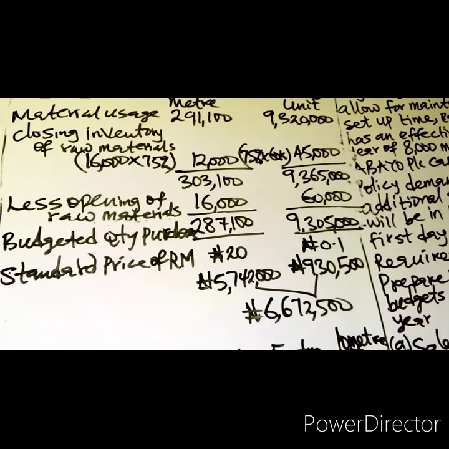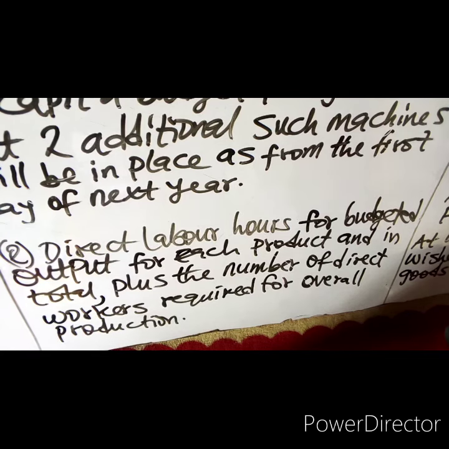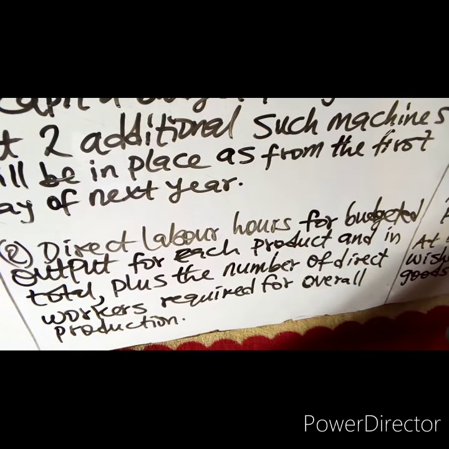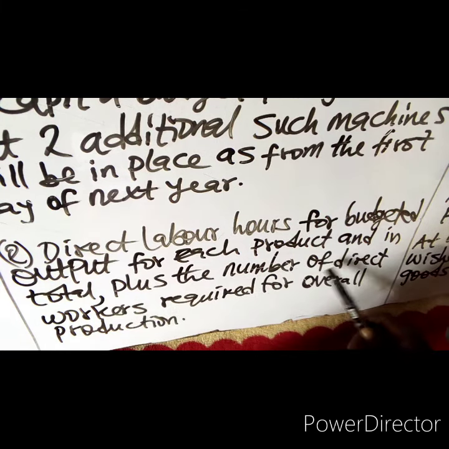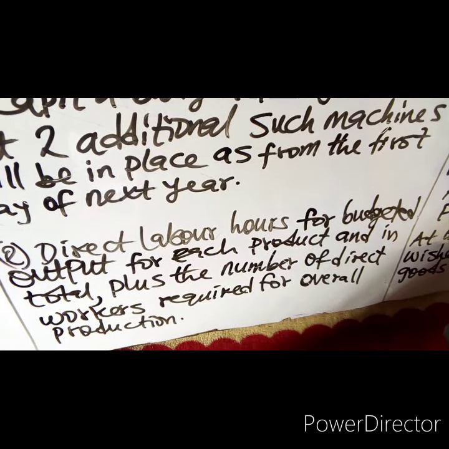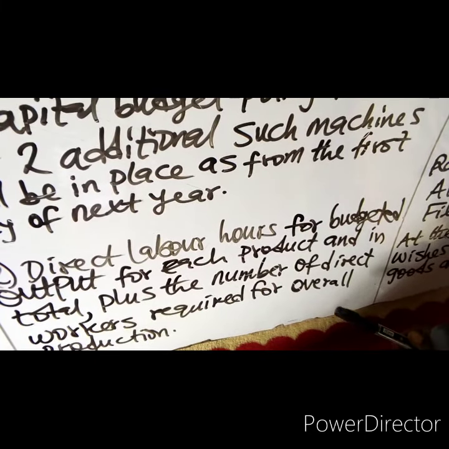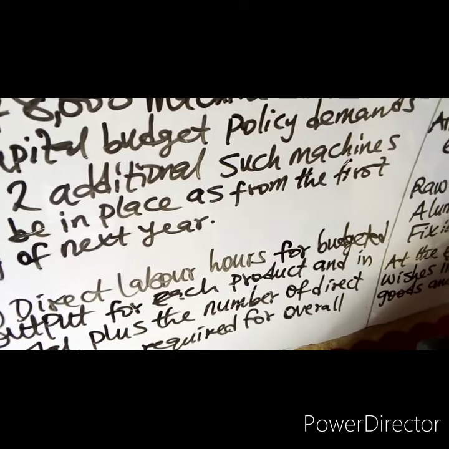That is the cost. Then the next one is requirement E, direct labor hours for budgeted output for each product and in total, plus the number of direct workers required for overall production. You have to calculate the direct labor hours for budgeted output for each product and in total.